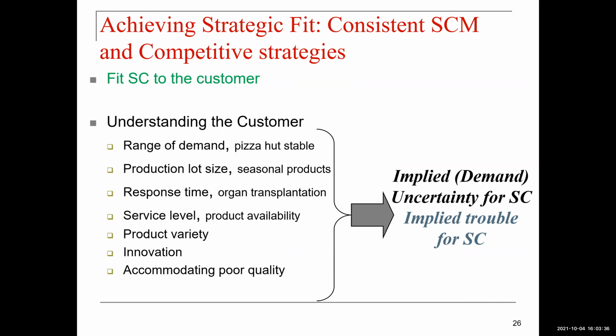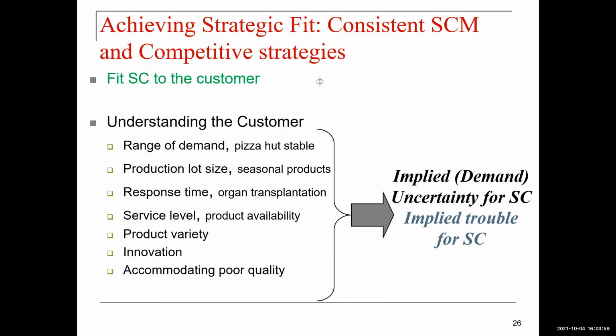Achieving strategic fit means being consistent with the supply chain management and competitive strategies. So we need to fit the supply chain to the customer: understanding the customer, the range of demand, the product lot size in terms of seasonal products, and response time.